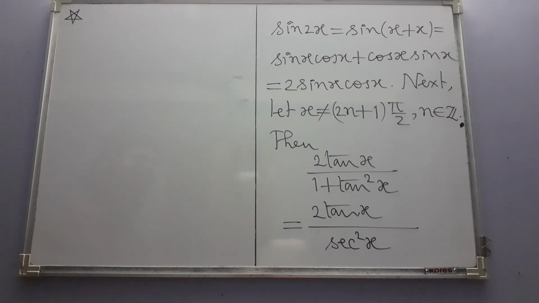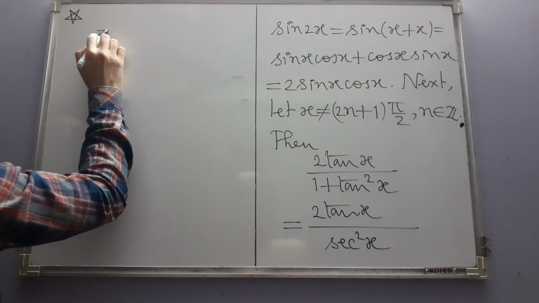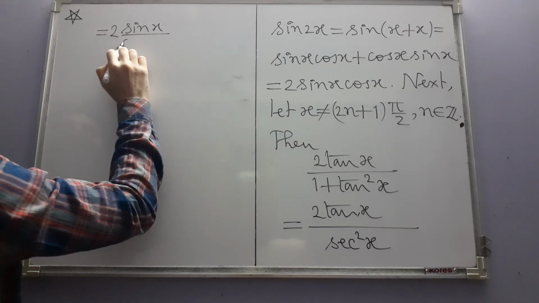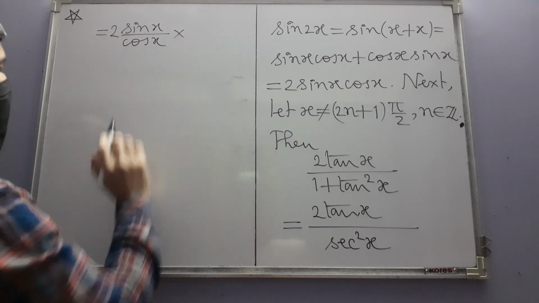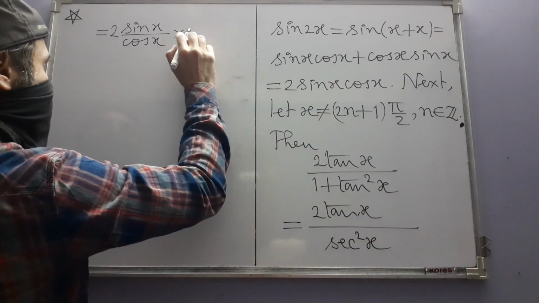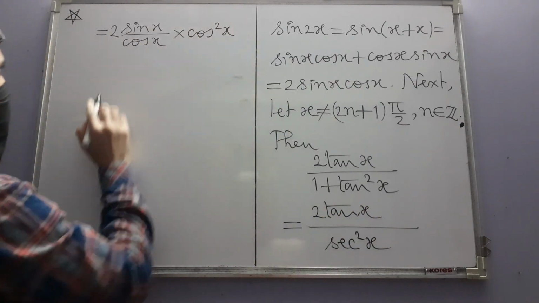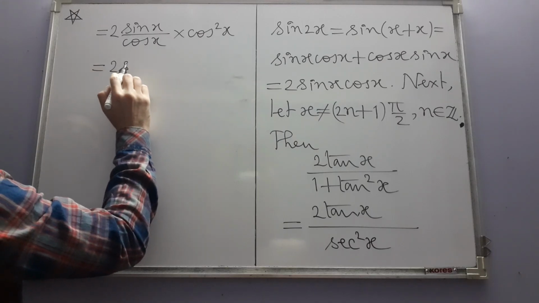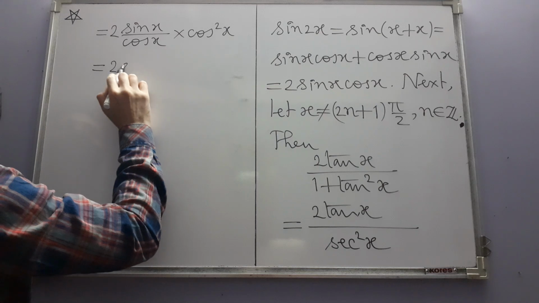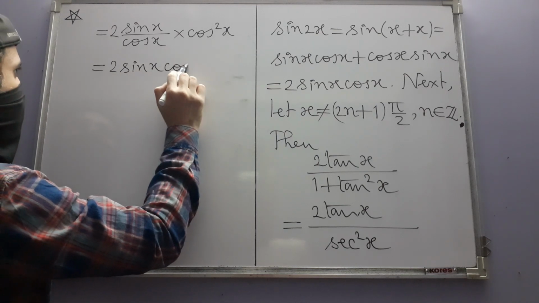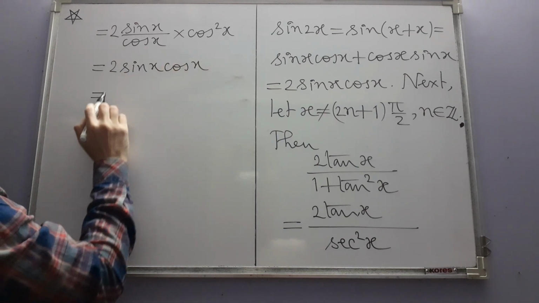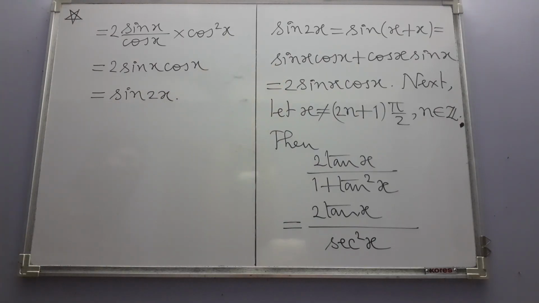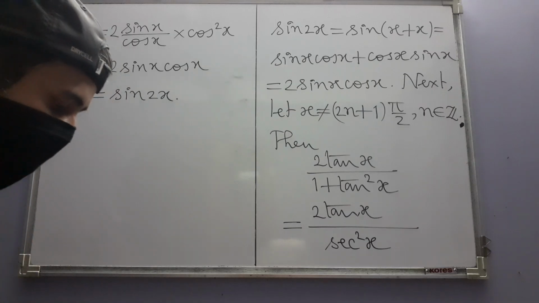Okay, now in the next step, you write tan x as sin x divided by cos x, and the reciprocal of secant square x is cos square x. So after cancellation, you have 2 sin x cos x, which is just sin 2x. We have already proved that. So that's how we have these identities as well.